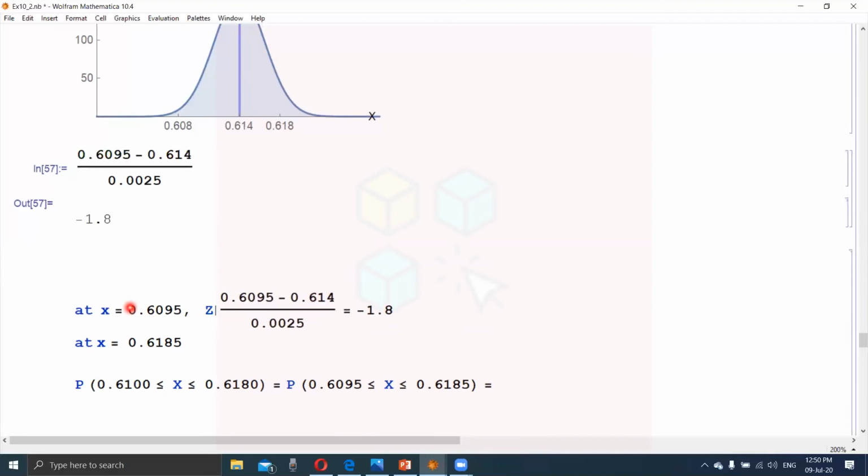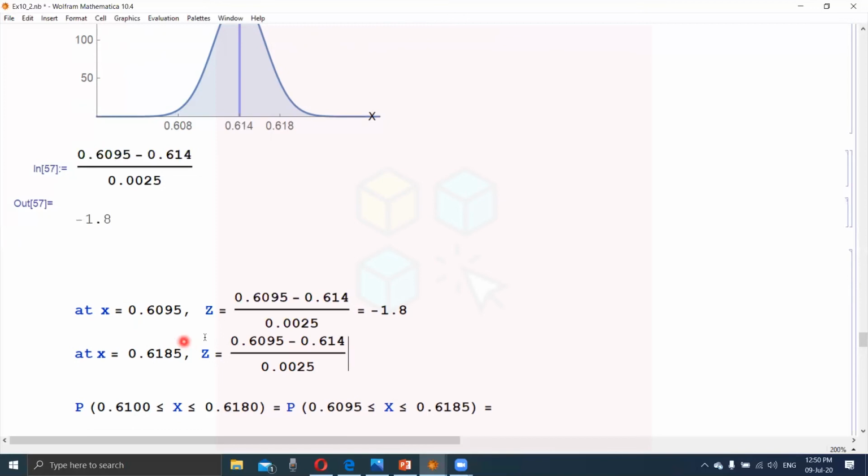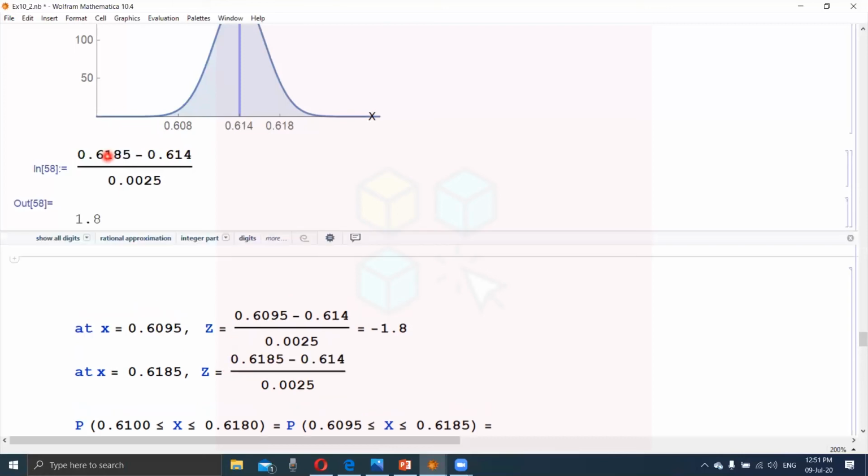In the next step, the same formula of z is used with the new value 0.6185. So z is equal to 0.6185 minus mu over sigma, and now we will solve it, and our answer is 1.8.